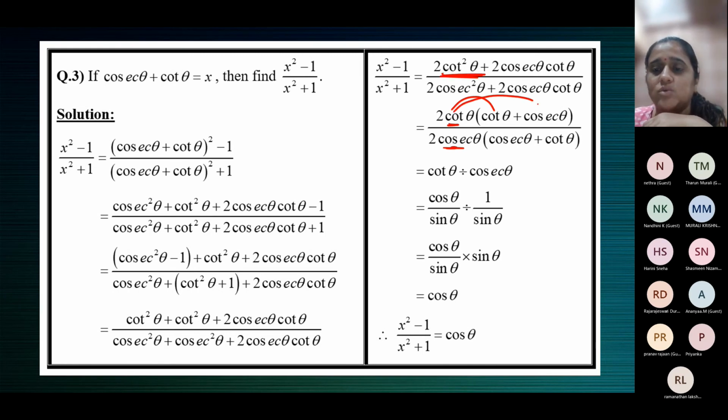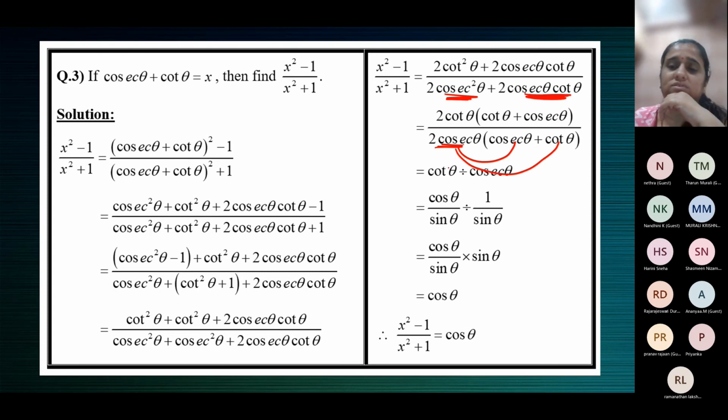And 2 cot theta into cosecant theta is 2 cosecant theta cot theta. In the denominator, 2 cosecant theta is common. Into cosecant theta is 2 cosecant square theta. And this one into cot theta is 2 cosecant theta cot theta. This is how we take out 2 cot theta, 2 cosecant theta common and get these terms in the bracket.